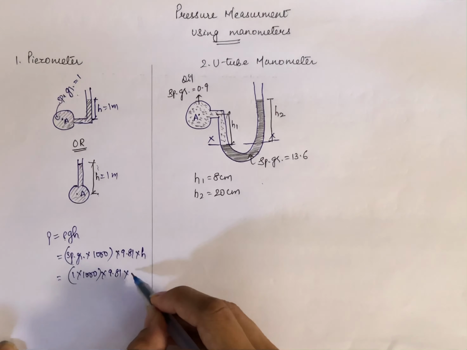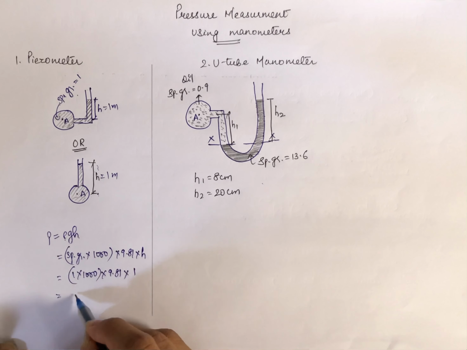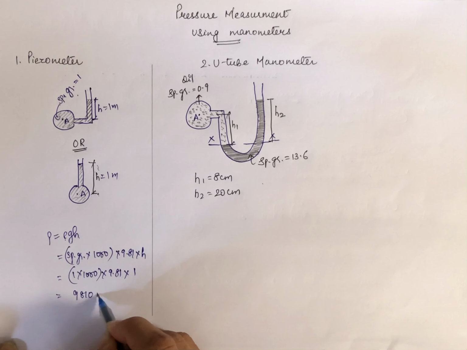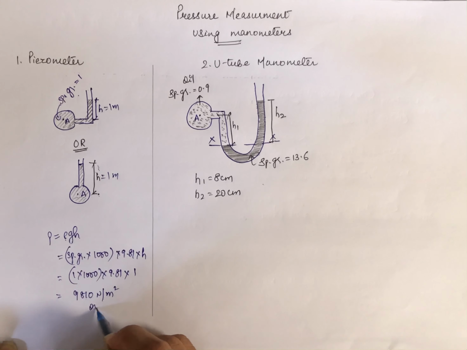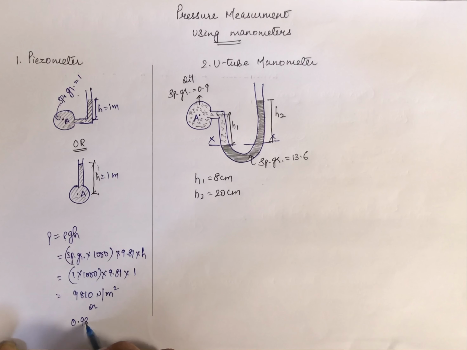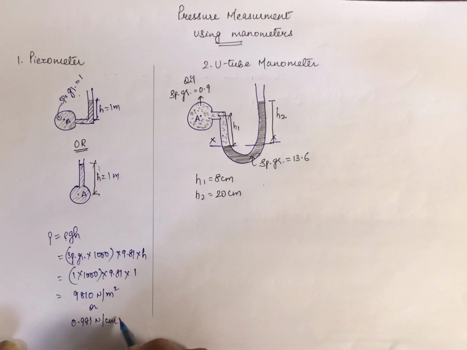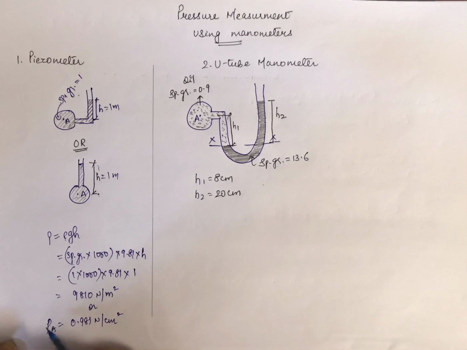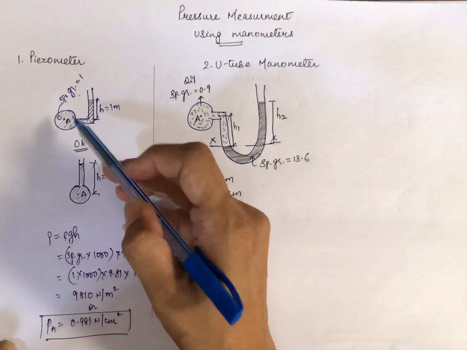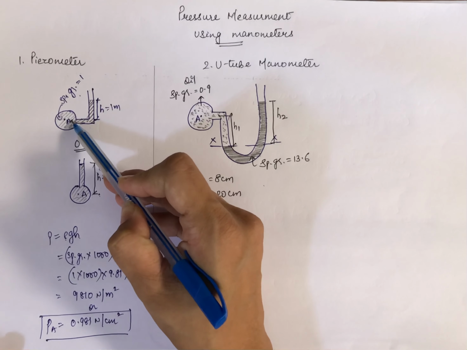So in place of H I will write 1. My value will be 9810 Newton per meter square or 0.981 Newton per centimeter square. So this will be the value of pressure obtained at the center of the pipe A.